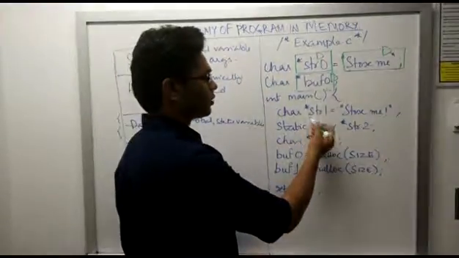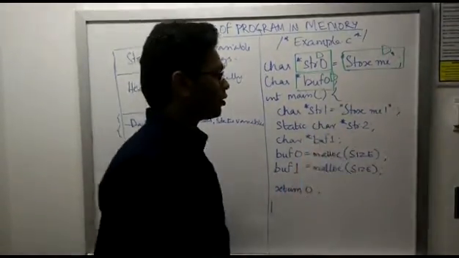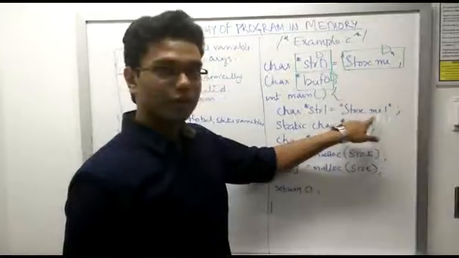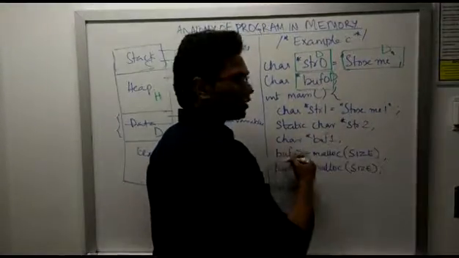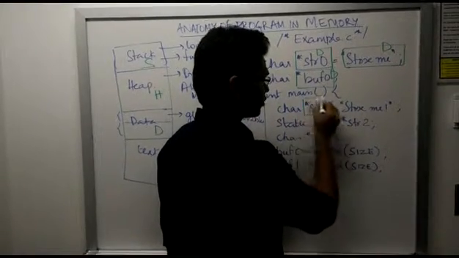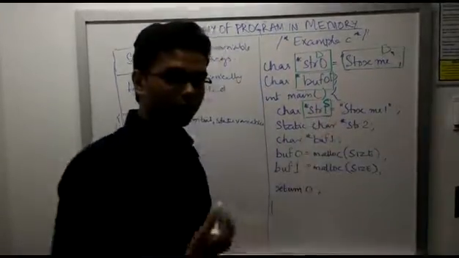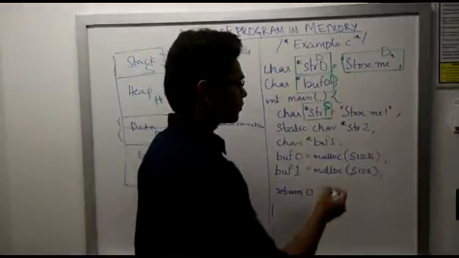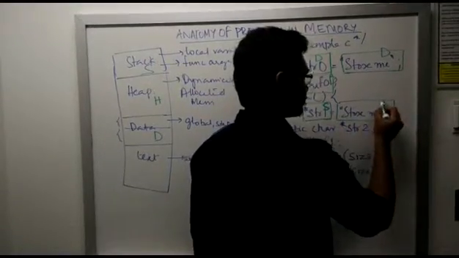Your first variable is a pointer to char called string 1, and it has a string associated with it. The point to note here is that the memory for this variable comes from the stack. This is only a pointer, not the complete data. This data, whereas, gets stored in your data section.